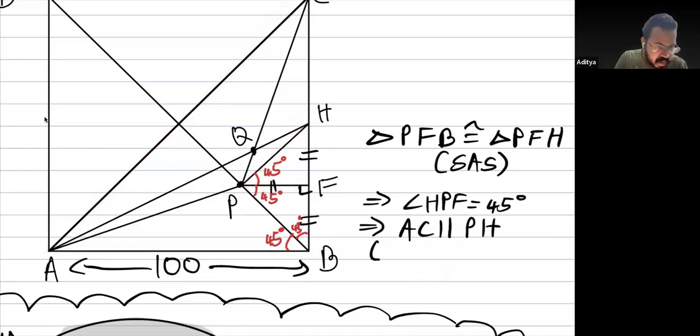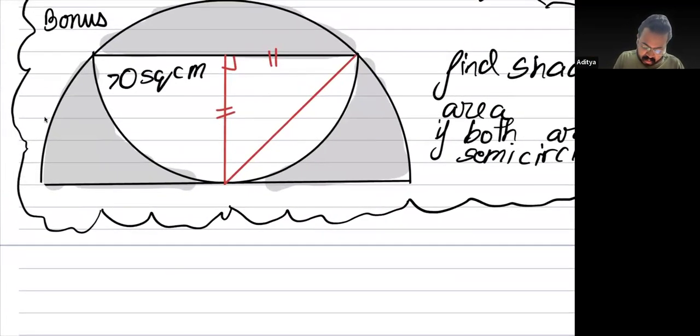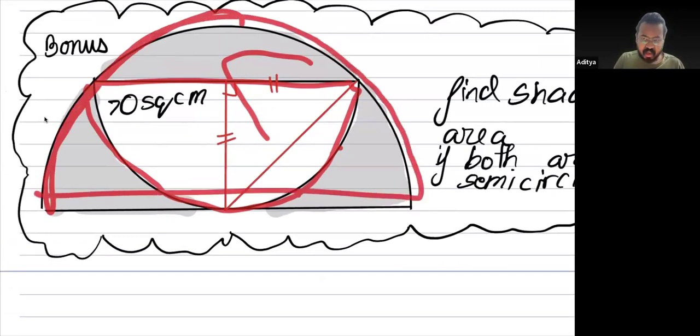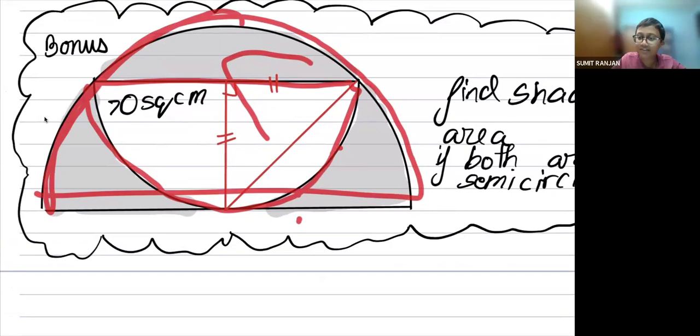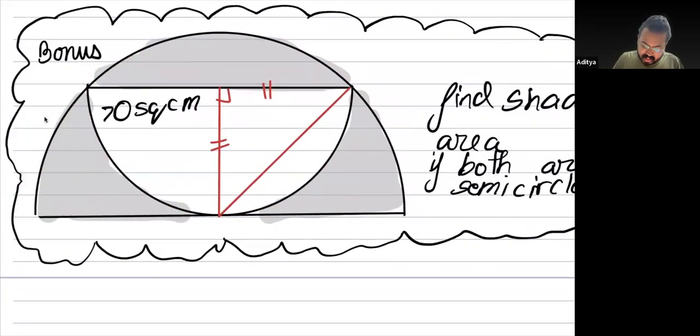Sumit, not correct. I don't know where you're going wrong, because once you do this, the area of this small semicircle is half the area of this large semicircle. Correct. And then you just get the answer 140. I gave the answer 140 much earlier. So the shaded region is this.